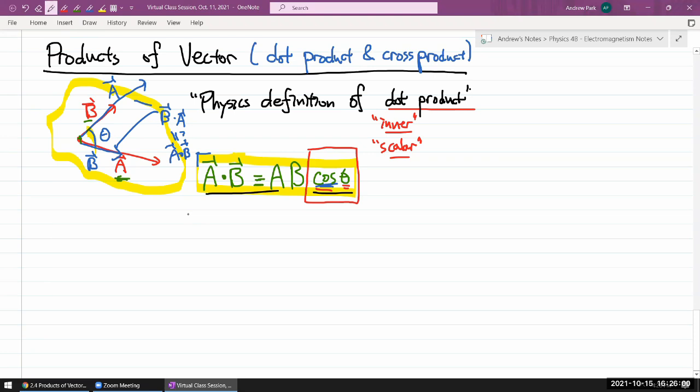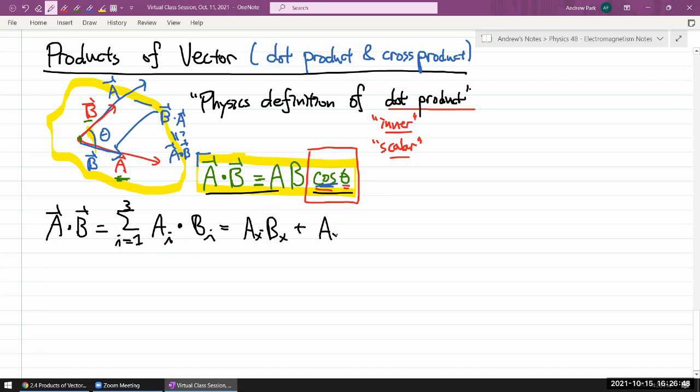this is what you might have seen as the definition of dot product in either a math class or possibly even physics 4A. So when you have A dot B, the compact form I wrote before is the sum over i from 1 to 3 of the product A_i times B_i. Or for a three-dimensional space, this would boil down to A_x times B_x plus A_y times B_y plus A_z times B_z.